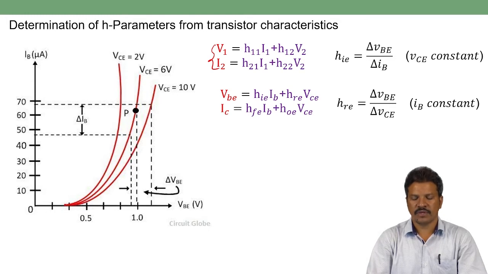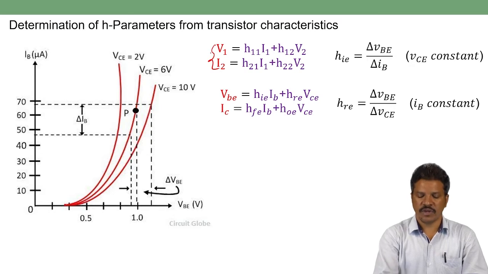For example, when the transistor is in common emitter configuration, then the Kirchhoff voltage law and Kirchhoff current law equations, the simple H parameter model equations, can be applied to common emitter configuration.